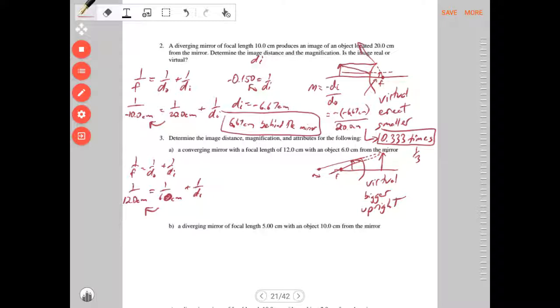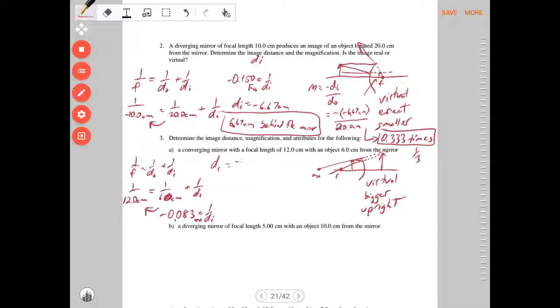So 1 over 12 minus 1 over 6. That is negative 0.083, equals 1 over di. Again, switcheroo for those ones. So just switch these guys. So di equals 1 over negative 0.083.